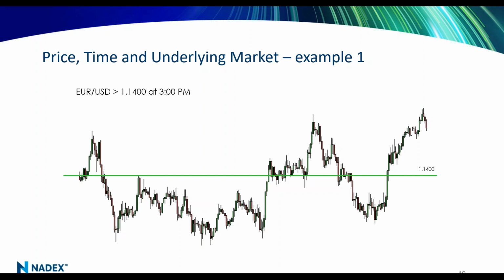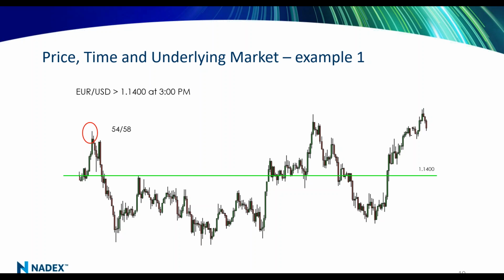So let's take a look at what could happen to the price of the binary option as the day goes on and as price fluctuates. Early in the day, over here on the left, you might see a bid-ask spread of 54-58.